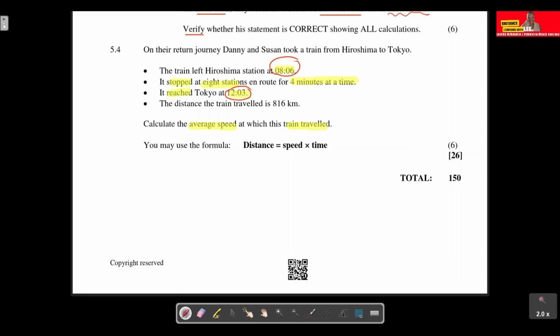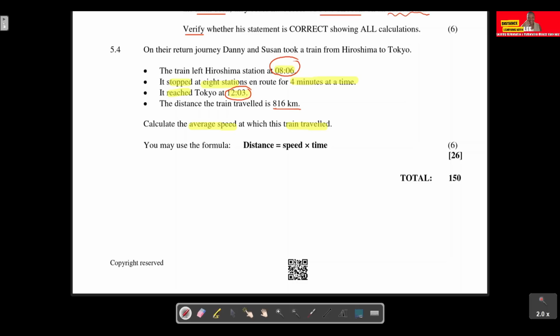Or just work out how many hours are between these two times, and then take the distance and divide it by that time to get the speed. No, guys, you can't do that.